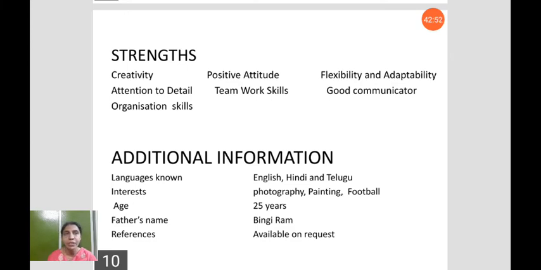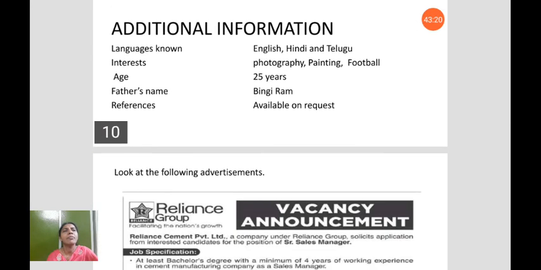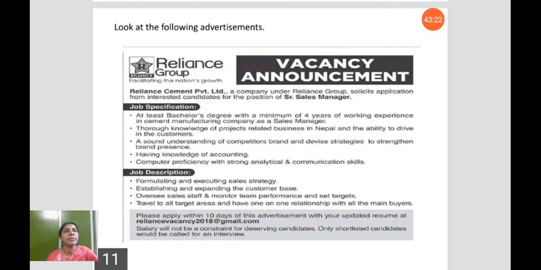And for managing all the advertising, you need to manage sales and everything, so organization is important. That's why I wrote organizing skills. Okay, that's it, and the rest is same. These are the minor changes I have made for that advertisement.